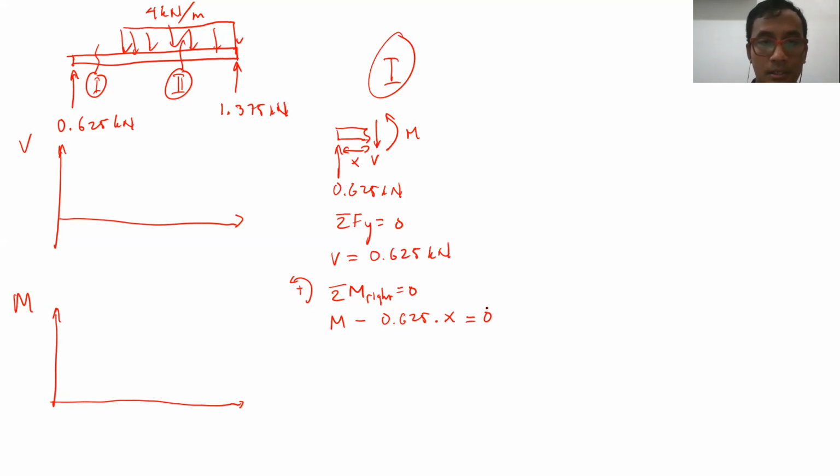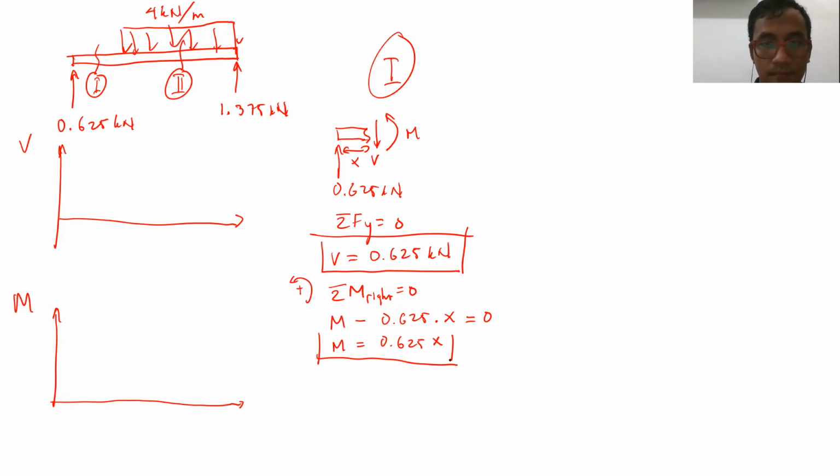Okay, using this we can get the equation of moment, and this is the equation of moment for the first part. Okay, so for the first part we get this, the shear force is constant and the moment is linear.